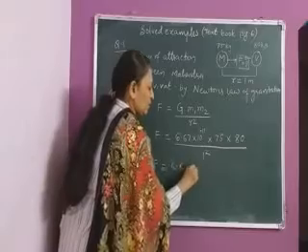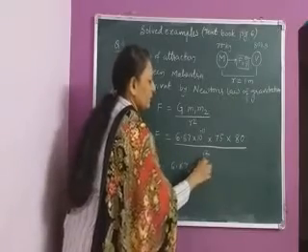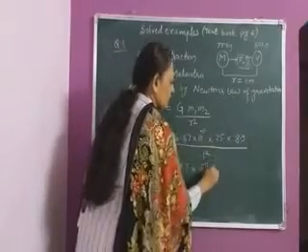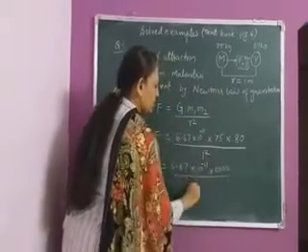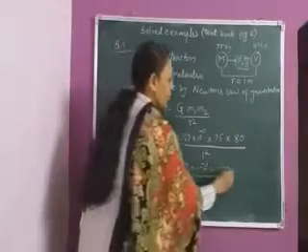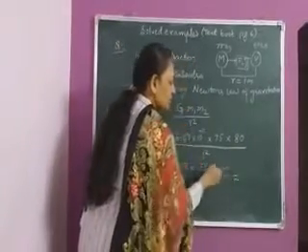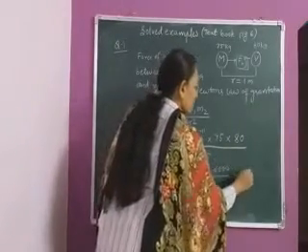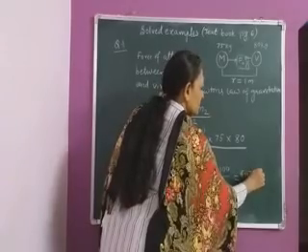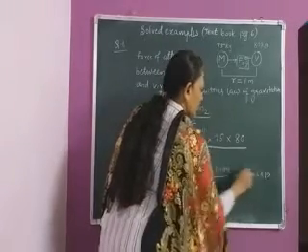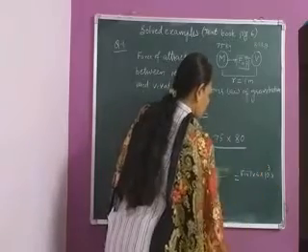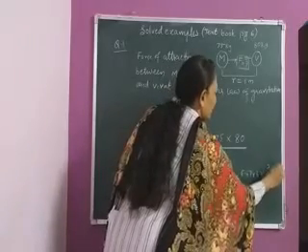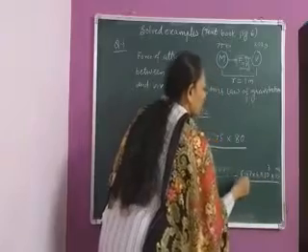6.67 into 10 to the power negative 11. We will multiply these both, it is 6000, and 1 square is equal to 1. Let us write down the 6000 as 6.67 into 6 into 10 to the power 3 into 10 to the power negative 11 upon 1.